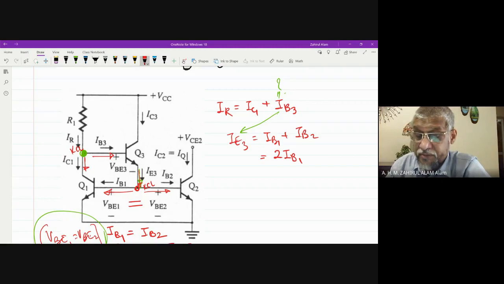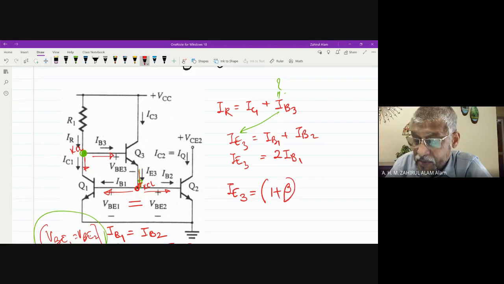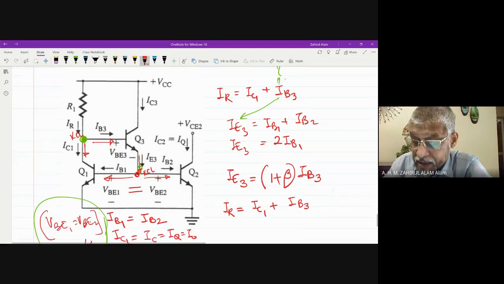We can write IE3 is equal to, based on our knowledge, 1 plus beta times IB3, because we know this relation. So therefore we can write IR is equal to IC1 plus IB3.